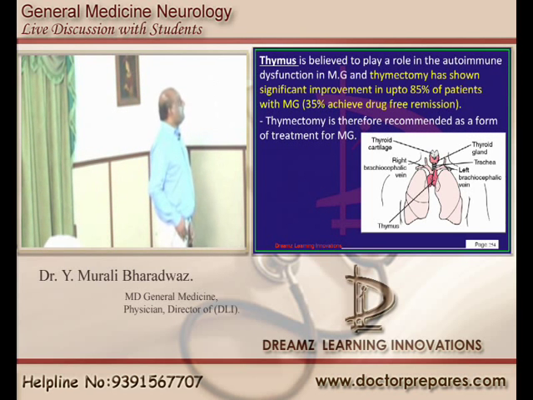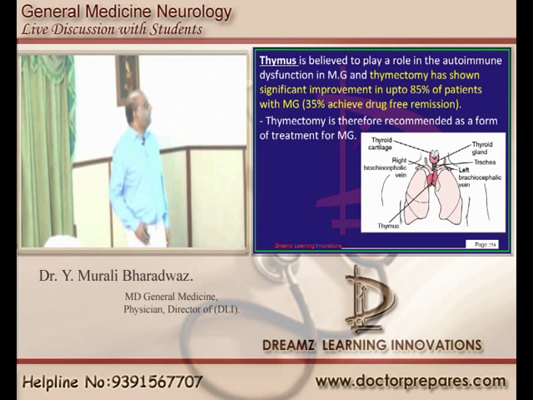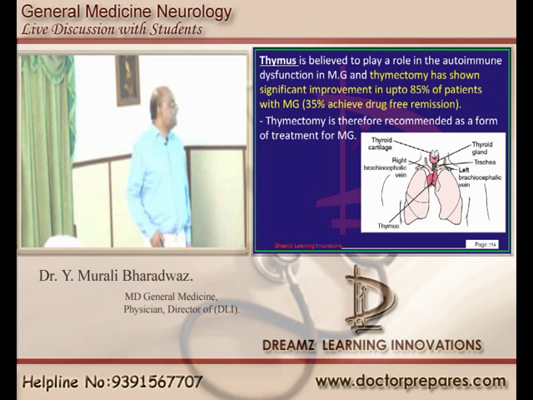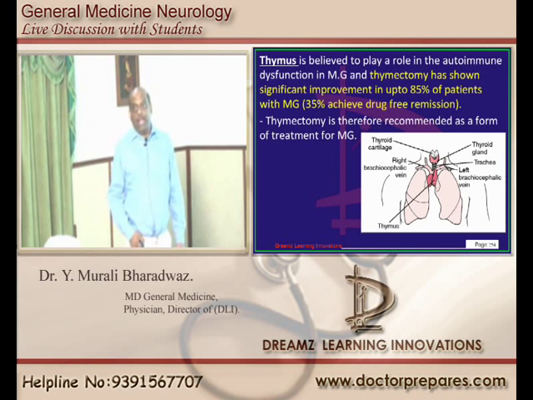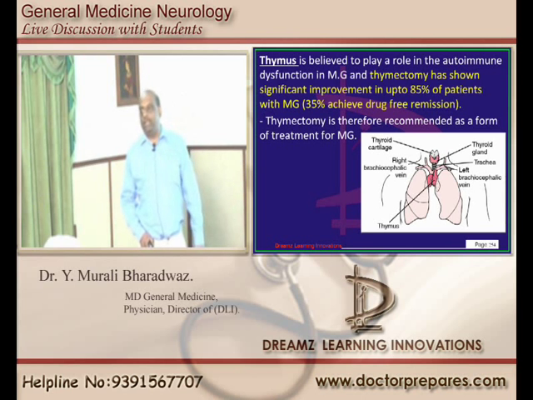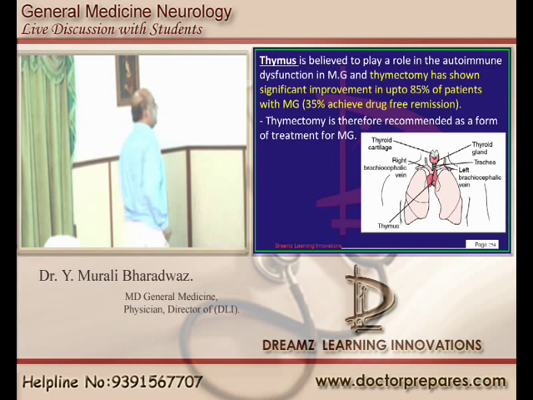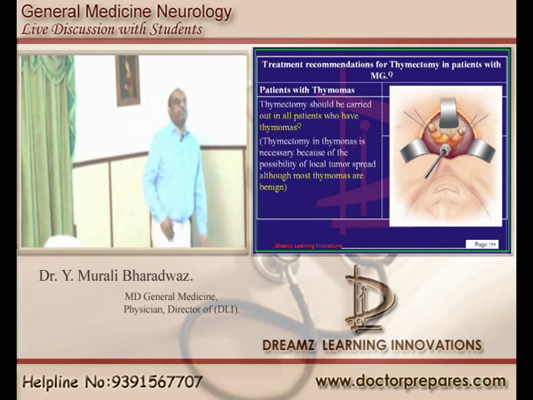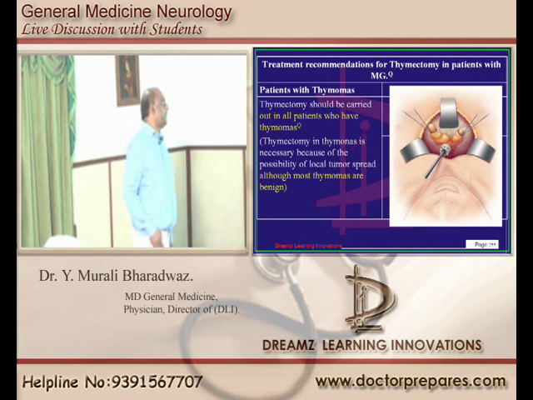And if you do thymectomy, it will improve the patients. 85% of the patients with myasthenia will definitely improve. And even if there is no abnormality in the thymus, still do thymectomy. That is the recommendation. So what is the treatment recommendation for thymectomy in myasthenia is the question.